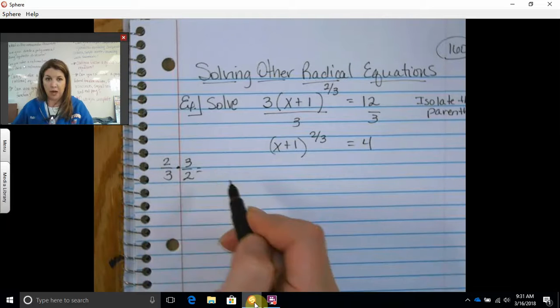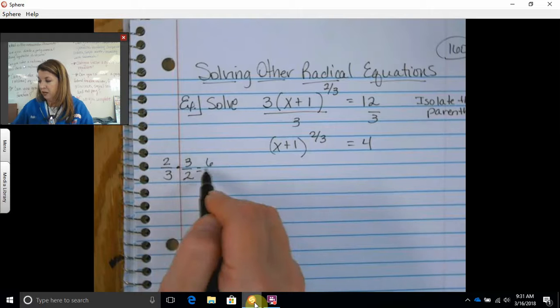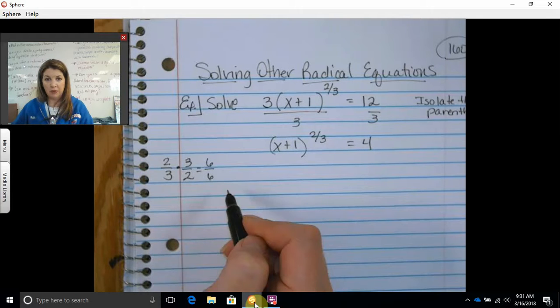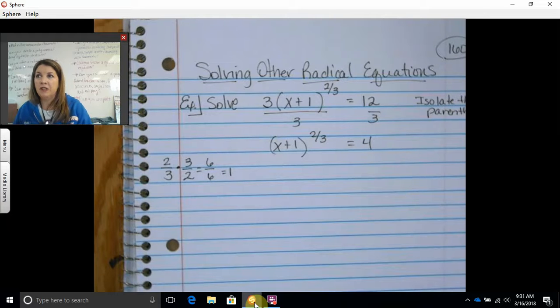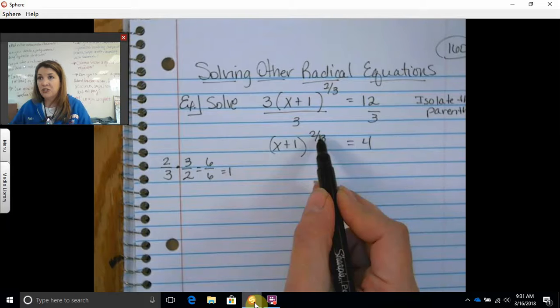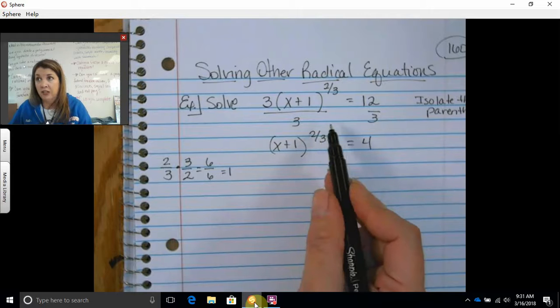So if I multiply, remember when you multiply fractions, numerator times numerator, denominator times denominator, and what does that reduce to? 1. Well, if 1 is my exponent, do I need to write it? No. That would make this 2/3 go away if I multiply by the reciprocal, okay? But what I do to one side, I have to do to the other, right? That's what equations are all about.